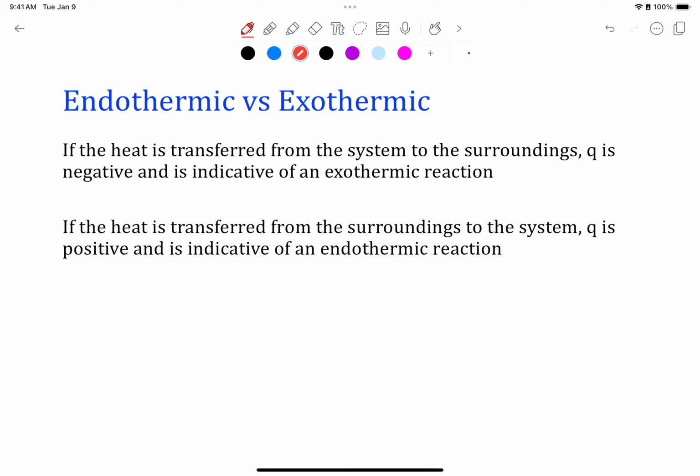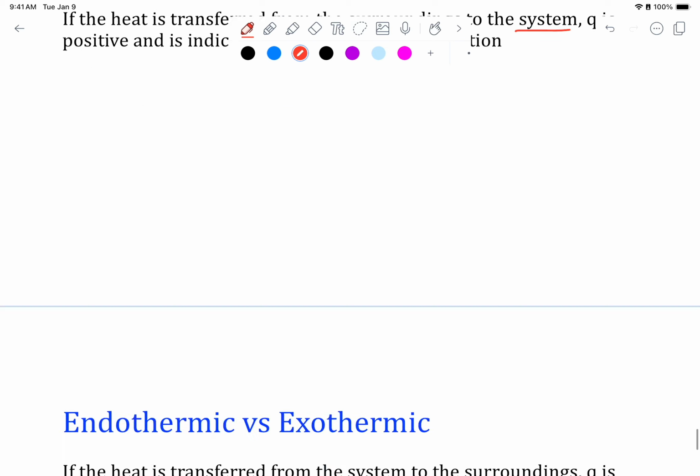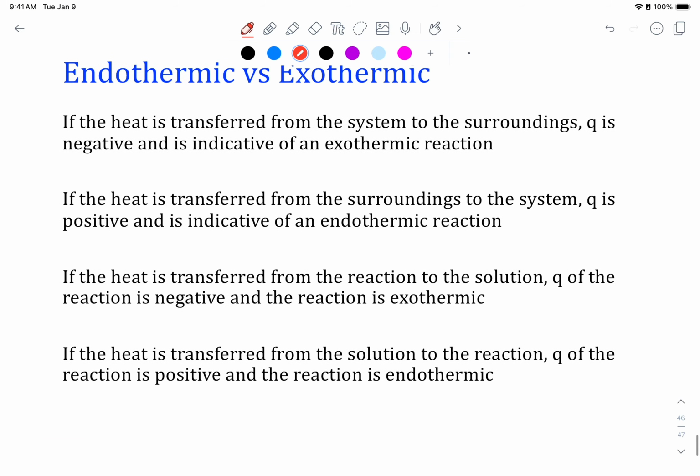So if heat is transferred from the system to the surroundings, Q is negative and is indicative of an exothermic reaction. If the heat is transferred from the surroundings to the system, Q is positive and is indicative of an endothermic reaction.